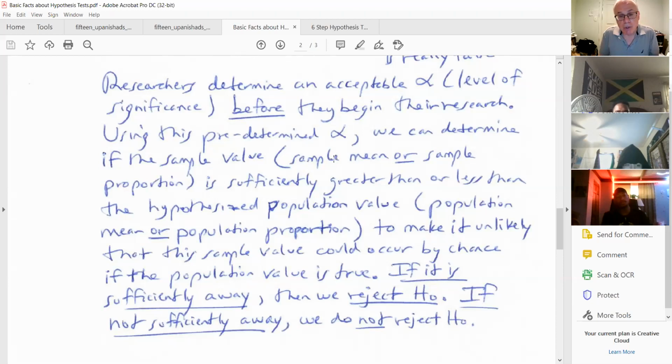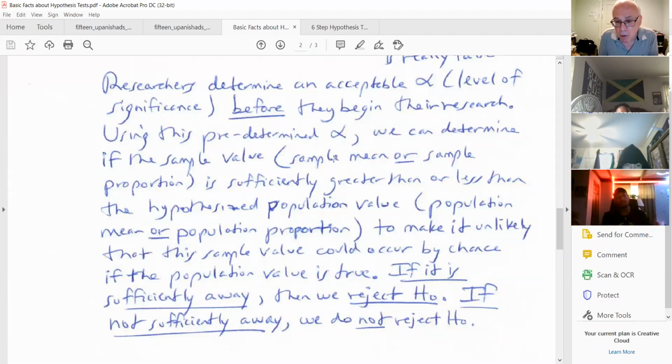In other words, suppose the population mean is 100 and you come up with a sample mean of 80. All right. Now, most people, without knowing statistics, will say 80 looks like it's significantly lower. I'm going to say it's unlikely 100 is the population mean. You can't do that in statistics.